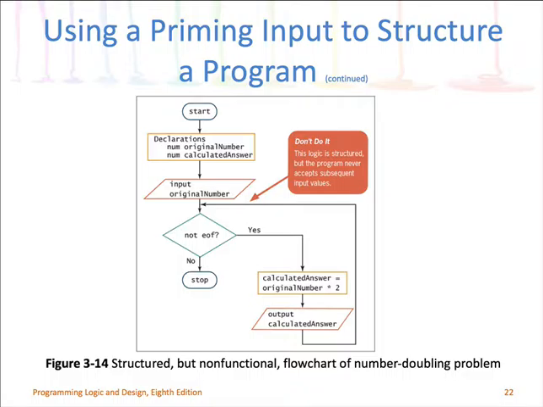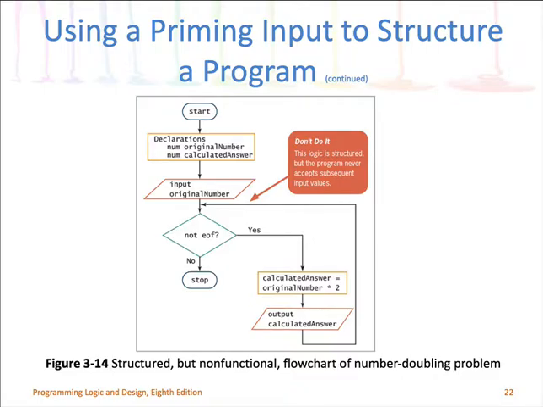So that makes the program structured. Now the problem is we have a logic error. If you follow this, I read a number from the user, I verify that the value is not end of file, and if that's the case, I double the value, I output the answer to the user, and then I circle back up and say, hey, am I not at end of file? No, I'm not.